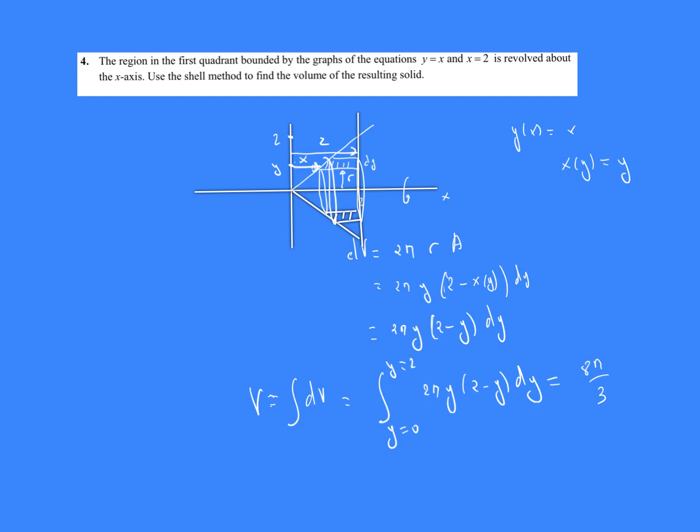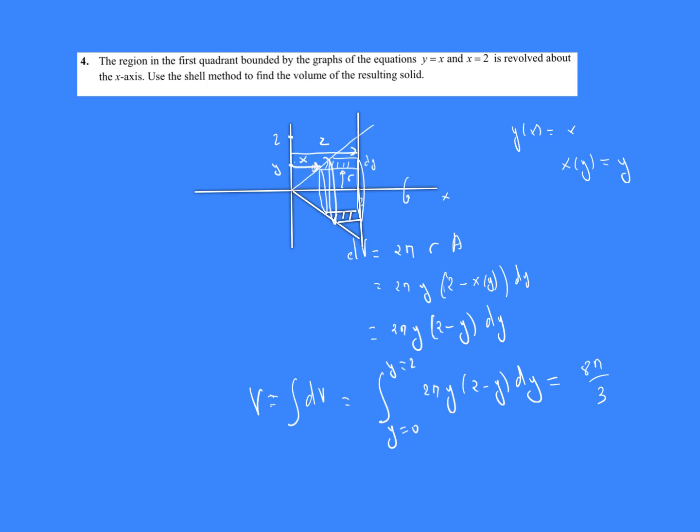Negative volumes don't exist. So if the volume is a positive quantity, you need to multiply things that are positive. The area should be positive, so this length has to be positive.